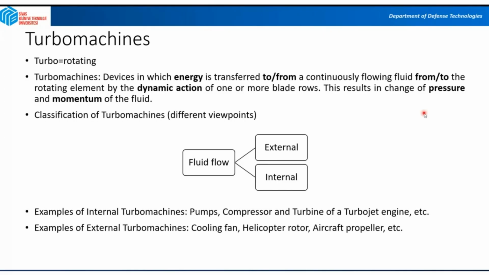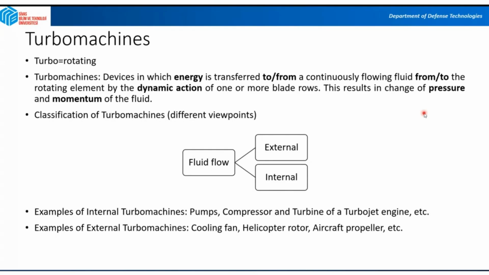And this transfer of energy actually happens by the dynamic action of one or more blade rows. This, of course, results in a change of pressure and momentum of the fluid. So the pressure and momentum are changing, whether you are taking energy from the fluid or you are giving energy to the fluid. And a machine that can do this is called a turbomachine.